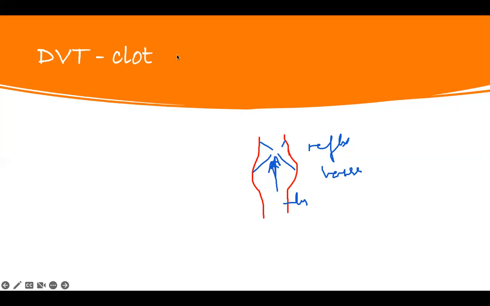What are the risk factors of clot formation? That's what you have to know. The first is stasis. That means you're not moving. Anything that causes immobilization. The example is a long travel, or a long flight, okay?